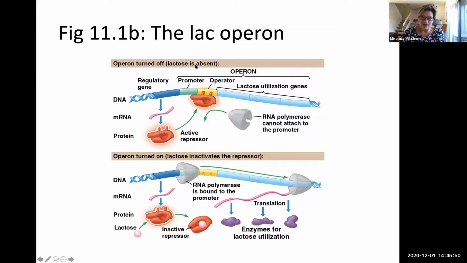So when lactose is absent, the repressor binds the operator, and that prevents RNA polymerase from binding to the promoter and then transcribing the operon. So I'm going to say it again. The regulatory gene encodes the repressor, and the repressor binds the operator, which blocks the RNA polymerase from being able to bind to the promoter.